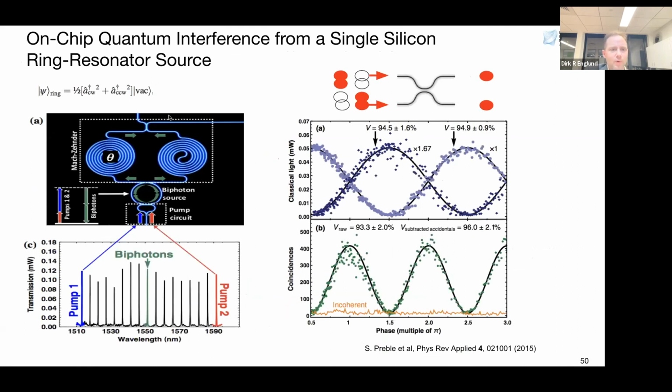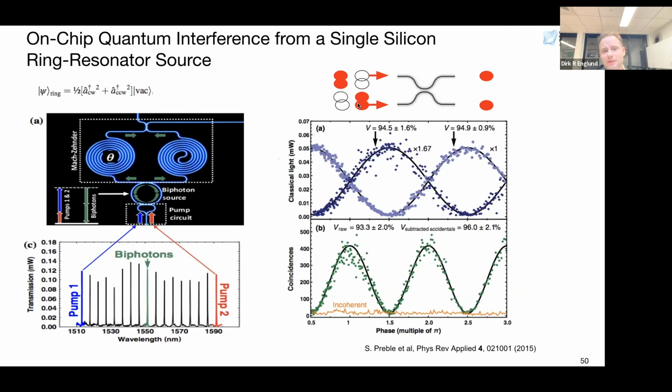And so here's recent work also in a different state preparation. This here is showing on-chip interference from a single silicon ring resonator source. So here there are some clever techniques you can apply to bring up multiple rings, so that just by passing the output of these two rings, these two spirals in this case actually, into linear optics, you can produce this Hong-Ou-Mandel state.